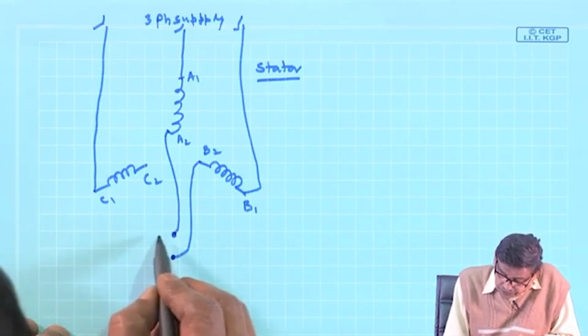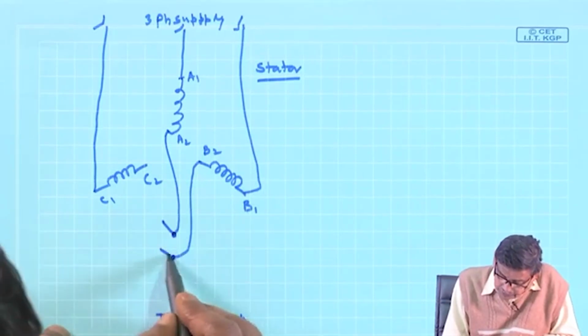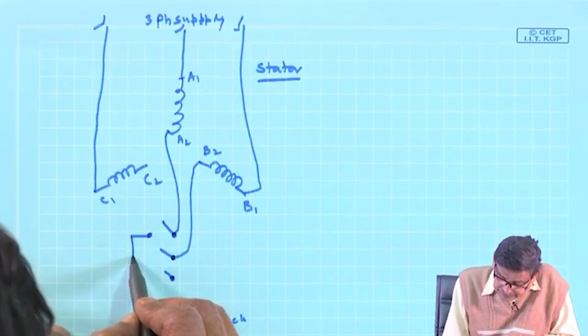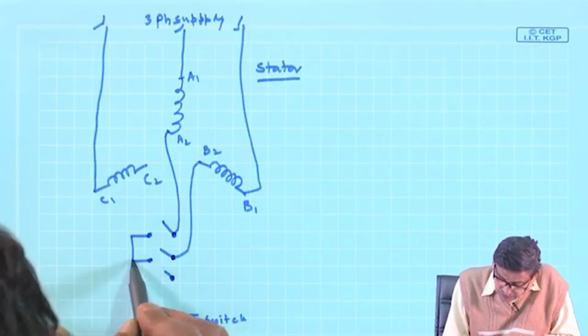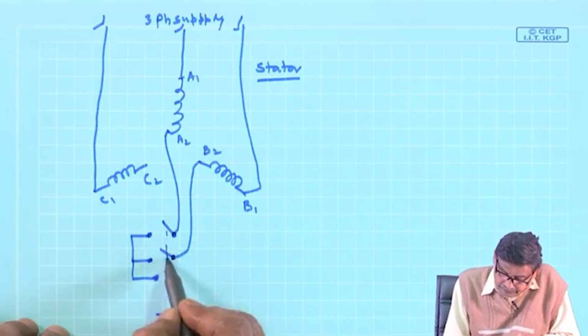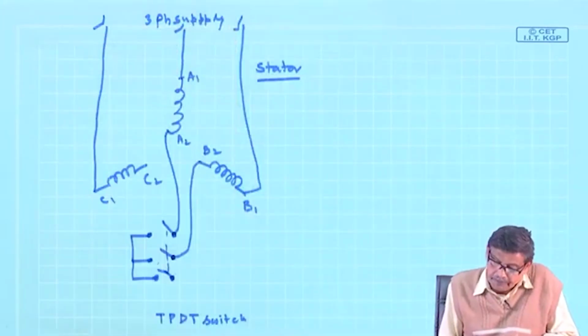So A2, B2, C2 are the triple poles, and on this side these 3 terminals you short like this. So if you close it here, it will be star connected, and the machine is supplied.